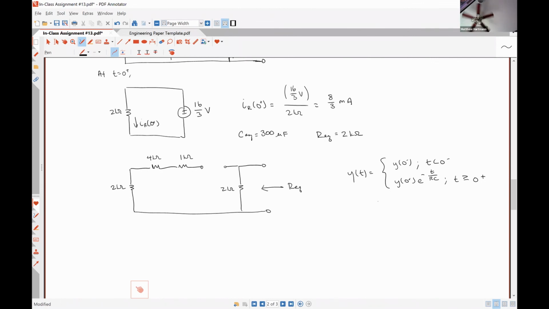So from this, my resistor current, IR of t, should be what? So what is my value for y at 0 minus here? 8/3 milliamps.